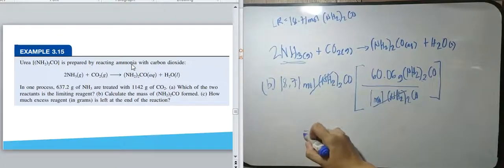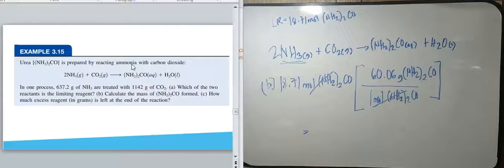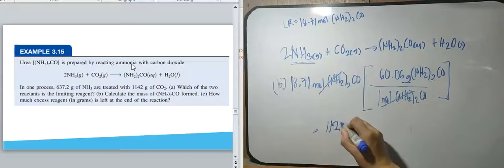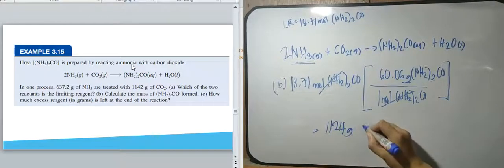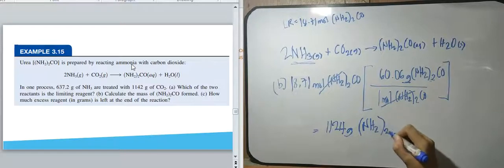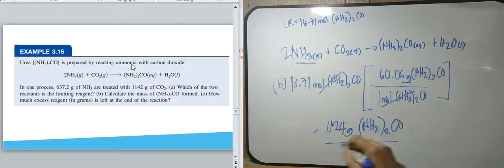Cancel. So therefore, the mass of urea produced is 1,124 grams urea, H2NCONH2.